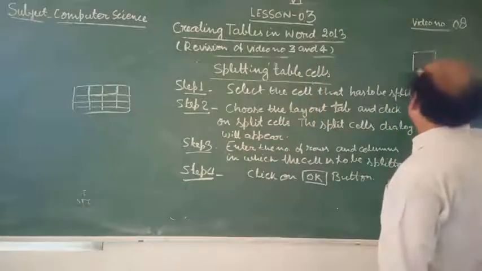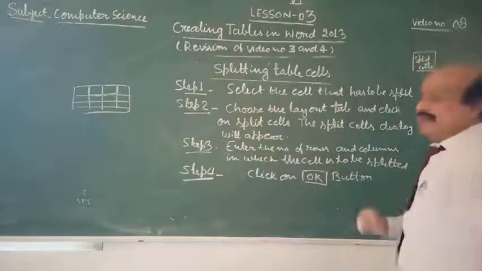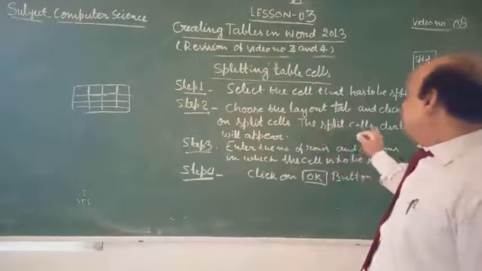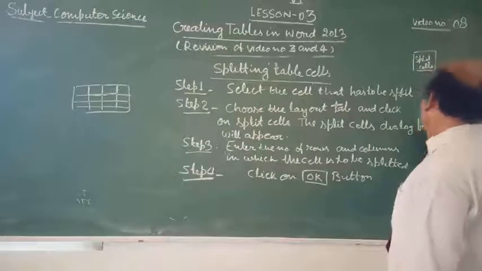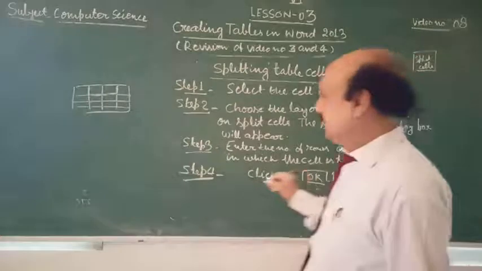Here the box will be there, that is split cells. After selecting the layout tab, click on split cells. The split cells dialog box will appear on the screen like this one.